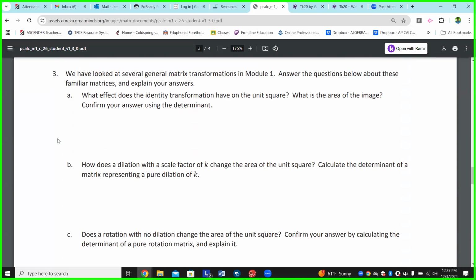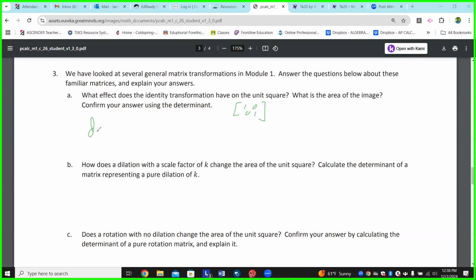All right, part 3 says wrapping up the questions. It says we have looked at several general matrix transformations in module 1. Answer the questions below about these familiar matrices and explain your answer. Part A says what effect does the identity transformation have on the unit square? If I take the unit square and multiply it by the identity matrix, 1, 0, 0, 1, what effect does it have?